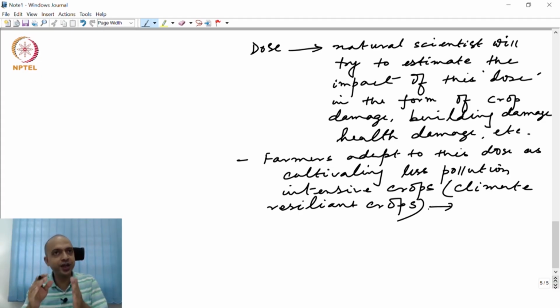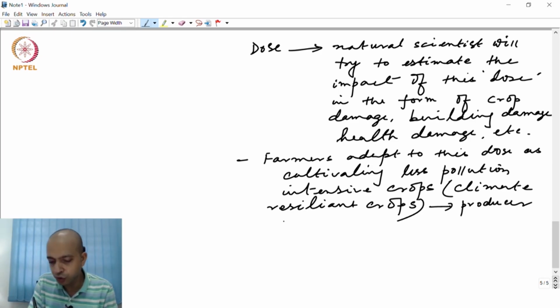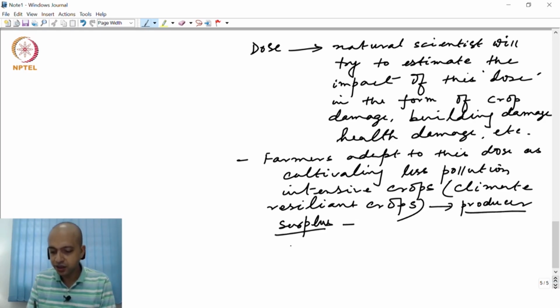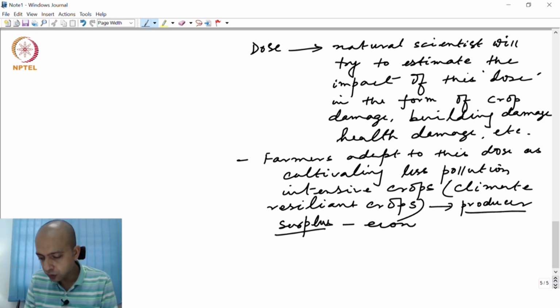So whatever happens, negative or positive, there would be some change in producer surplus, and that producer surplus would be treated as the economic value of environmental quality.